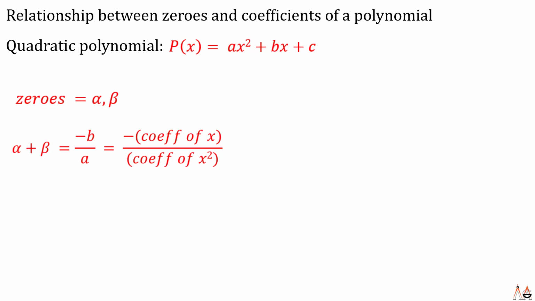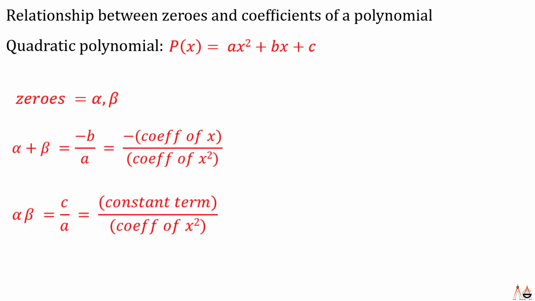And the product of the two zeros, alpha beta, equals c by a, which equals the constant term divided by the coefficient of x squared in the quadratic polynomial.